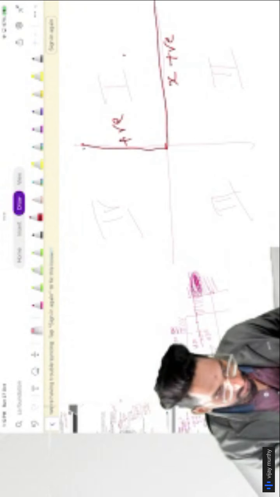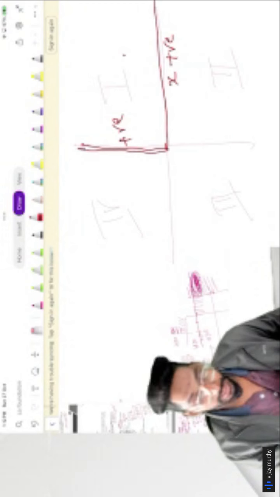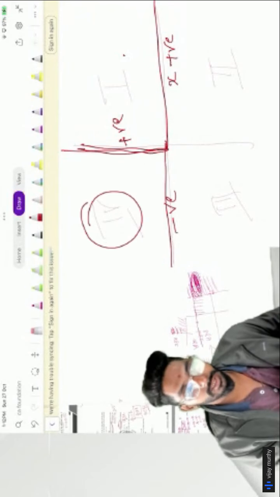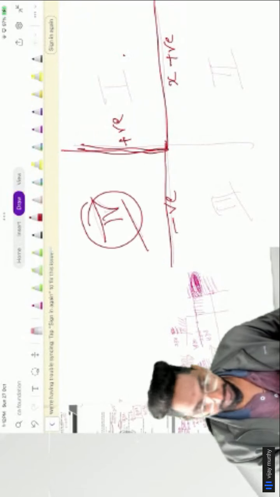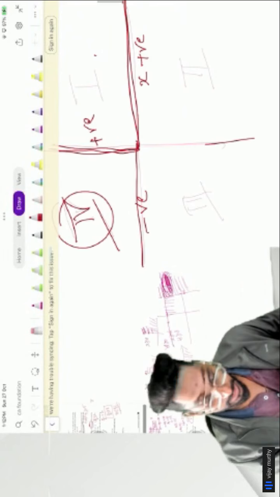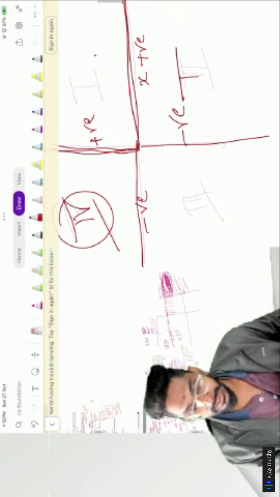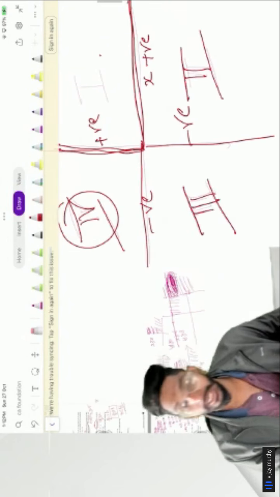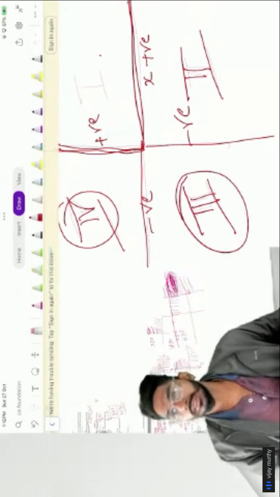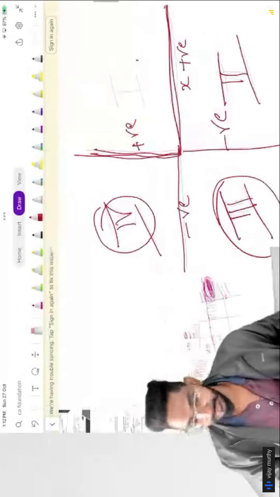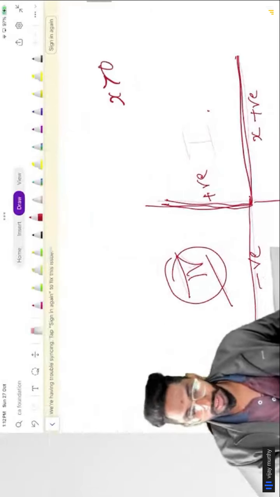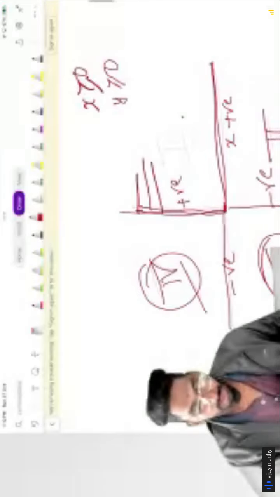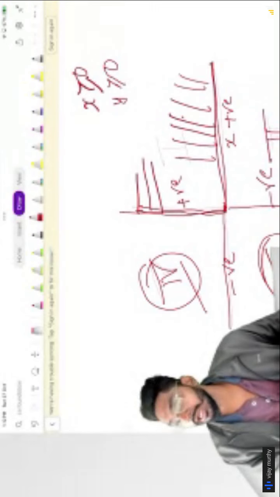If x is negative and y is positive, it becomes the second quadrant. If x is negative and y is also negative, it becomes the third quadrant. If x is positive and y is negative, it becomes the fourth quadrant. So if x is greater than 0 and y is also greater than 0, then both will lie in the first quadrant only. Questions are asked on which quadrant it lies in.